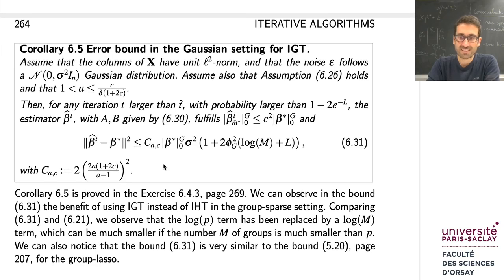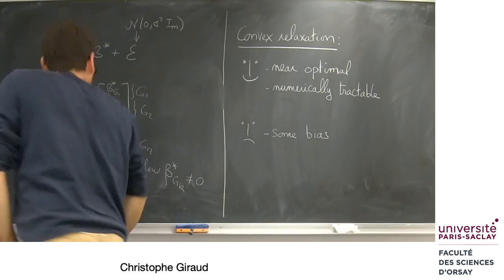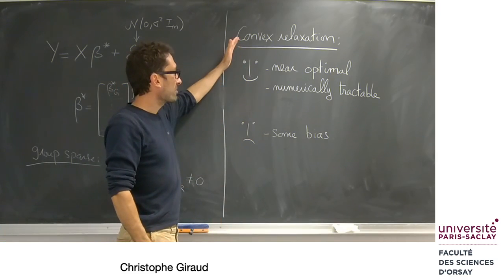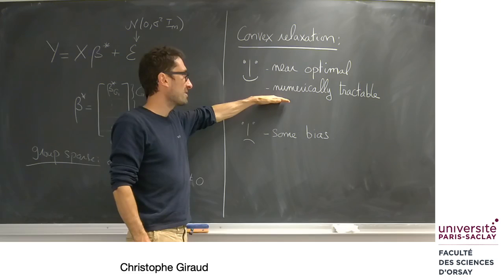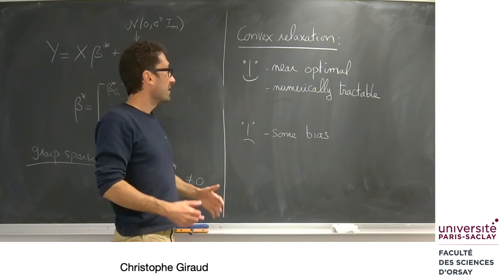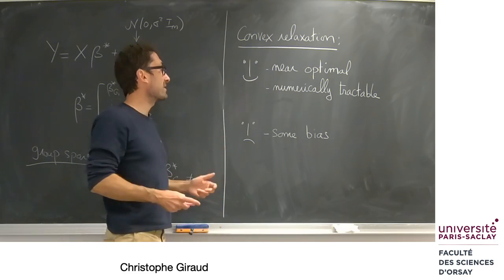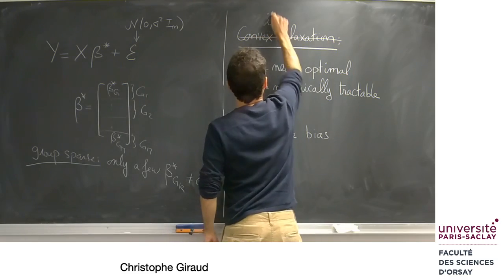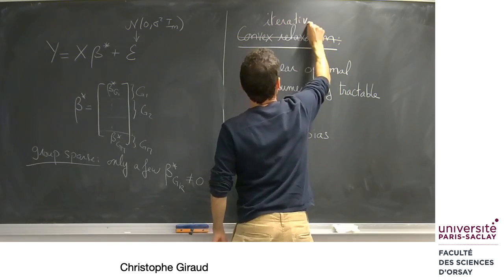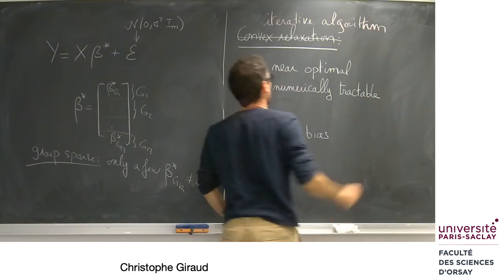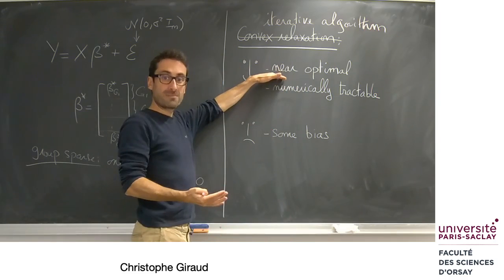So I think it is time to sum up this lecture. I remind you that what we saw at the very beginning of this lecture is that convex relaxation is near optimal and numerically tractable, but it suffers some bias. What we have seen today is that if we replace convex relaxation by an iterative algorithm, then we still have near optimality.